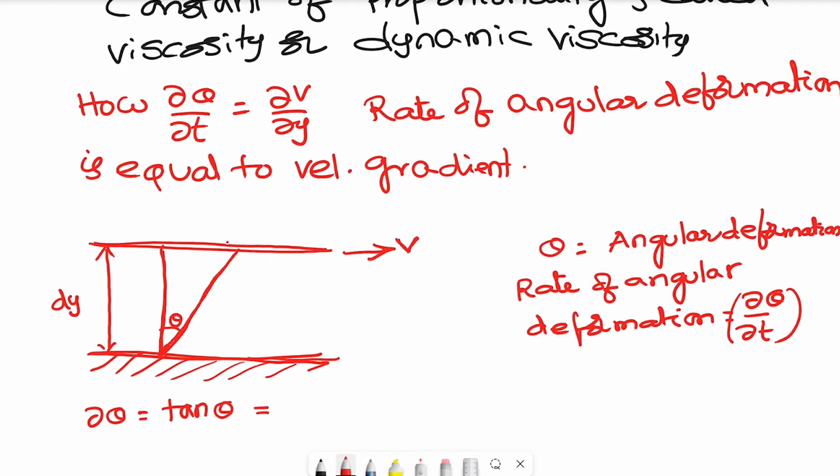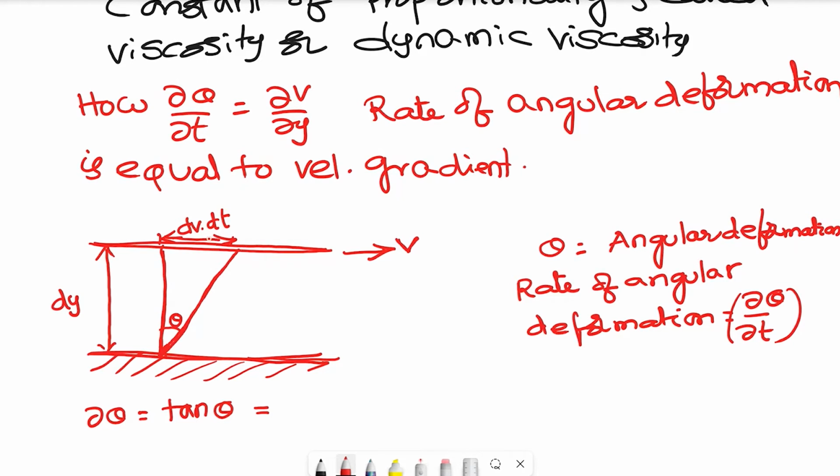Naturally, with how much velocity is this plate moving? If it is moving with a velocity of dv, where v is the total velocity of the plate, in a distance of dy it moves only a distance dv into dt, because velocity into time is equal to distance.